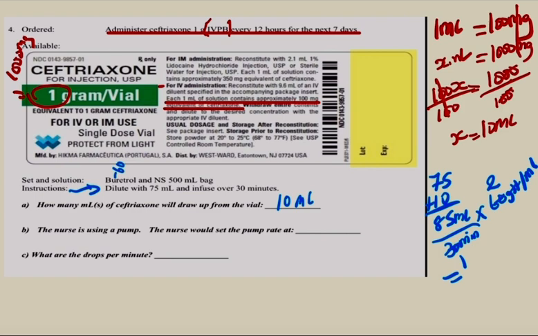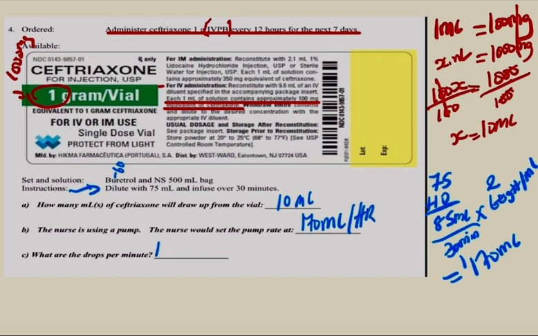So we say 85 over 30 minutes times 60 gtt per ml. You know that the ml will take out the ml, and then we work it like that. So we're going to end up with 170 milliliters per hour. So that's how we're going to work that one.